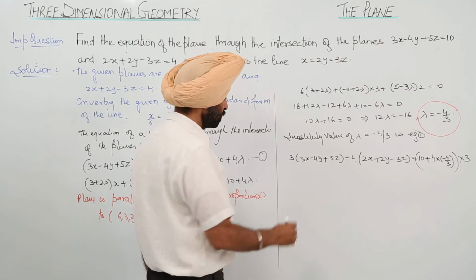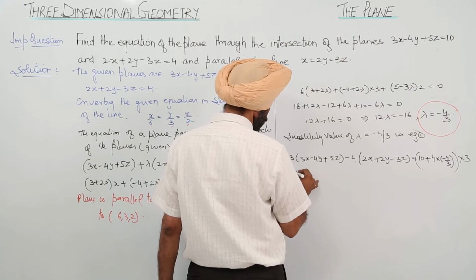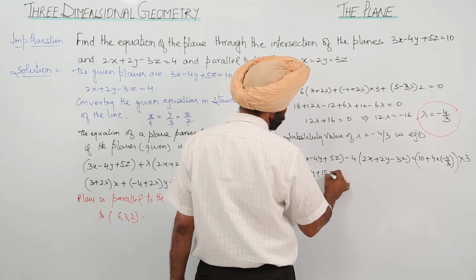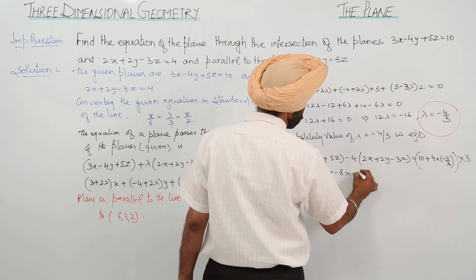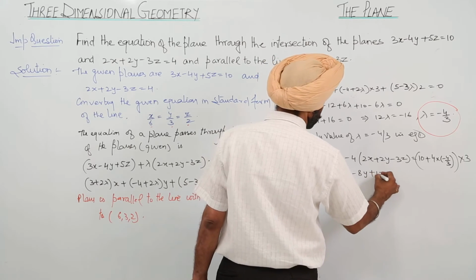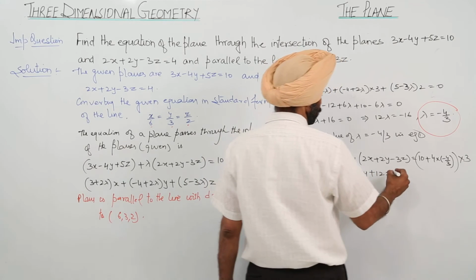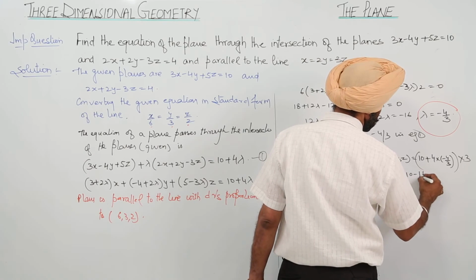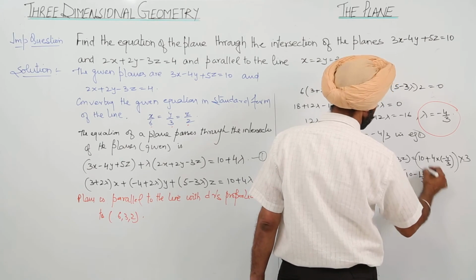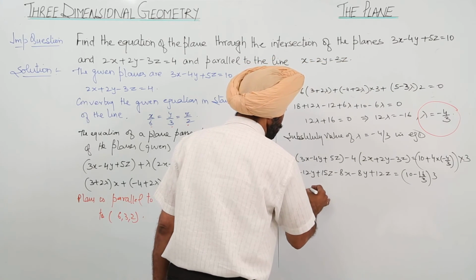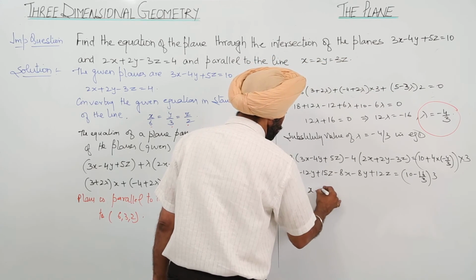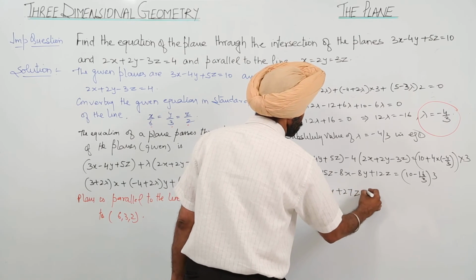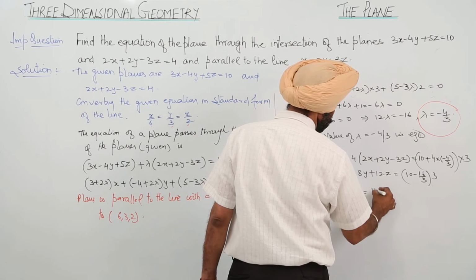Okay. So what we are getting now? 9x minus 12y plus 15z minus 8x minus 8y plus 12z is equal to 30 minus 16. Now this we are getting as x minus 20y plus 27z is equal to 40.